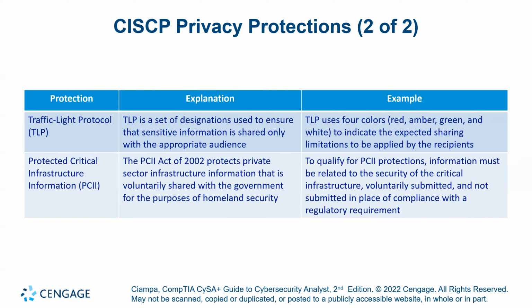And if there's some sort of regulatory requirement compliance already in place, you still have to submit that. You can't be like, oh, but I submitted this. That doesn't count. You can't circumvent those regulatory requirements that are already there with PCII.